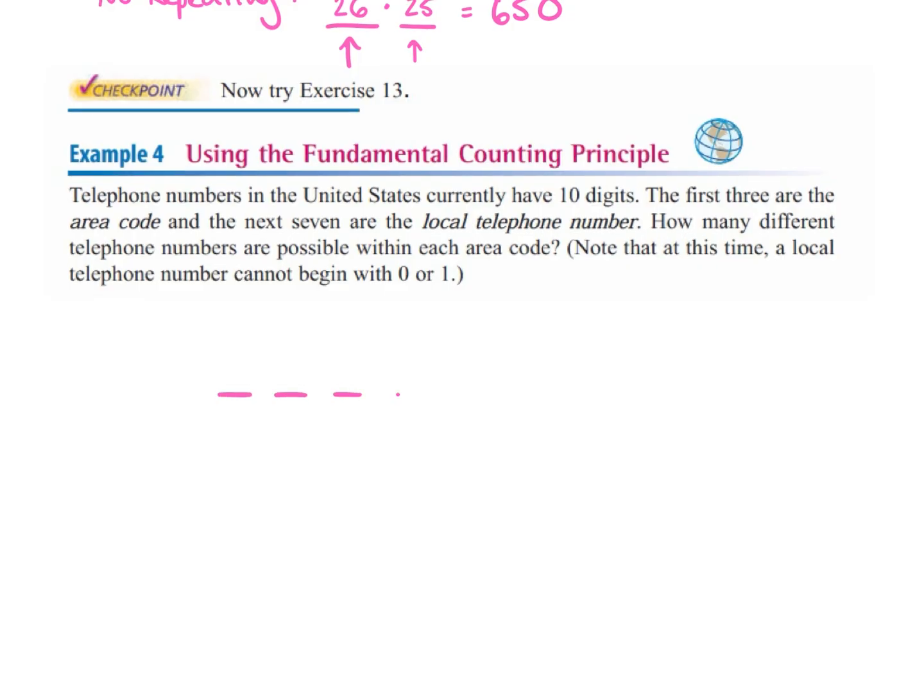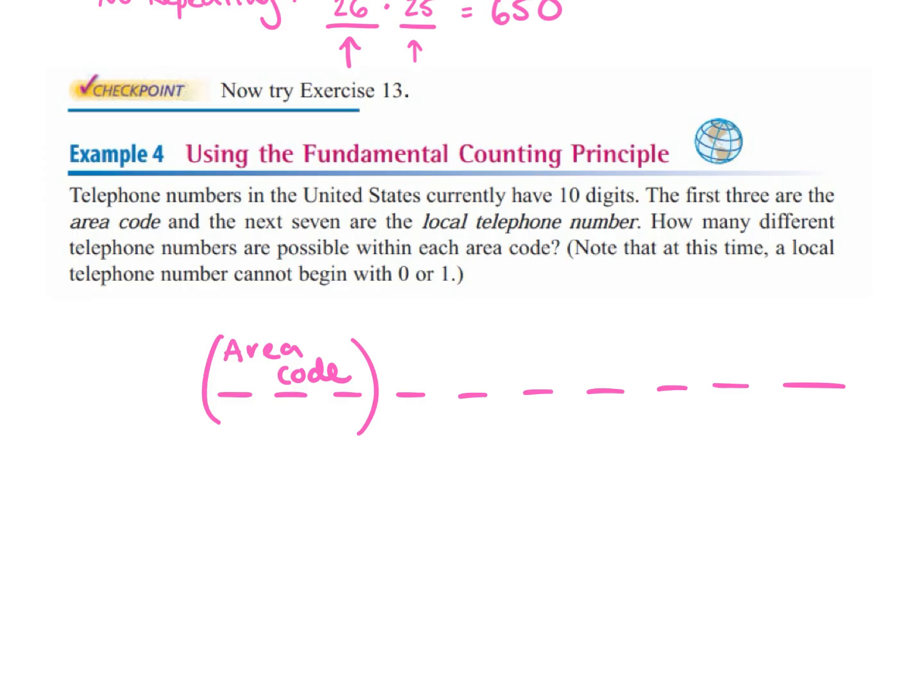So 1, 2, 3, 4, 5, 6, 7, 8, 9, 10. But the first 3 digits are the area code. And the question's asking how many different telephone numbers are possible within each area code. So we're just focusing on one area code here.